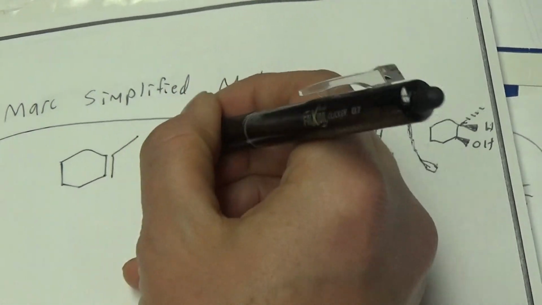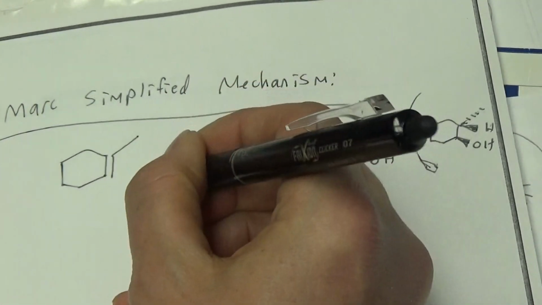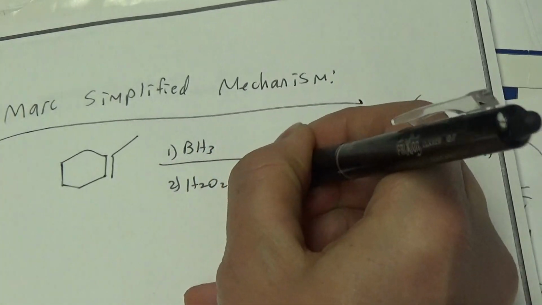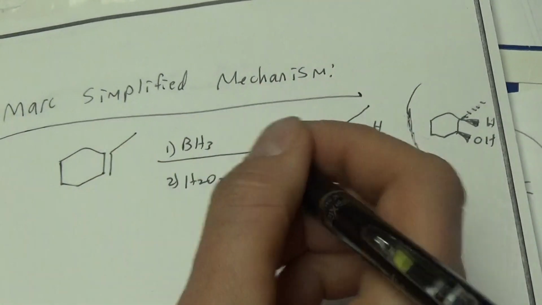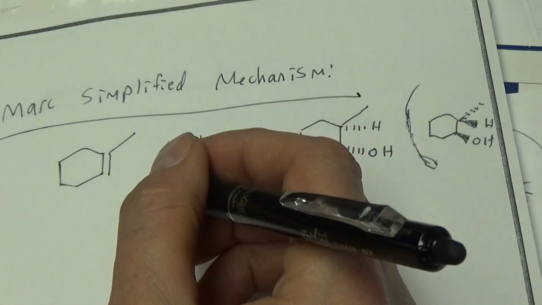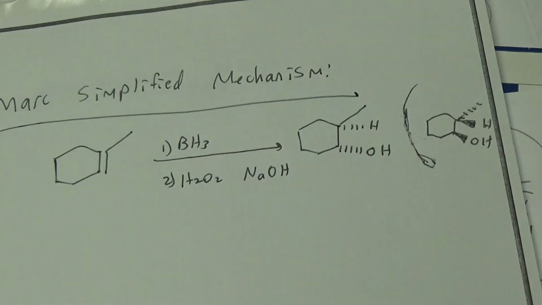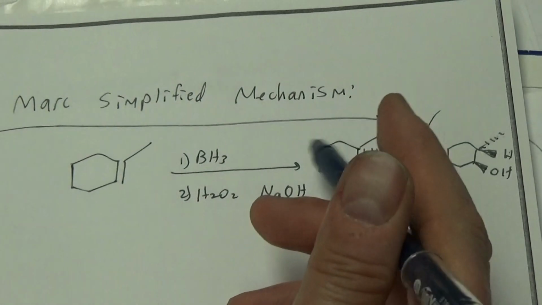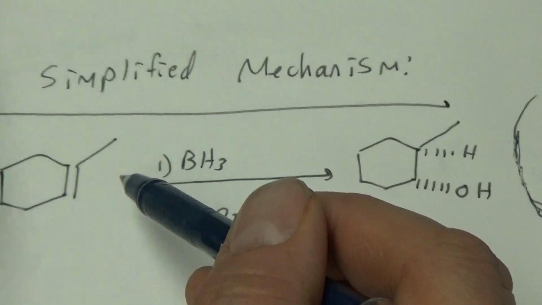All right. So what are the reagents? It's BH3, H2O2, and NaOH, right? Okay. So what happens is borane, BH3, will line up and kind of add to the alkene.